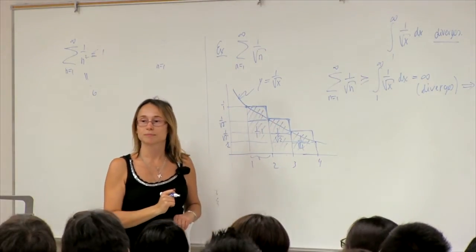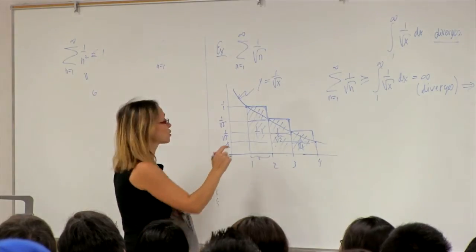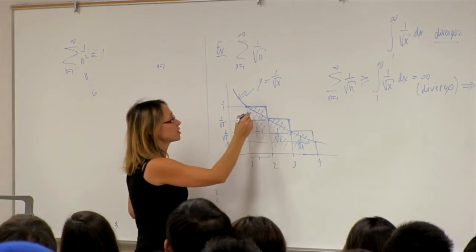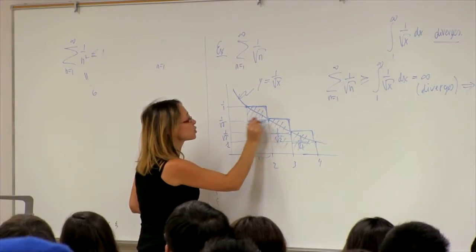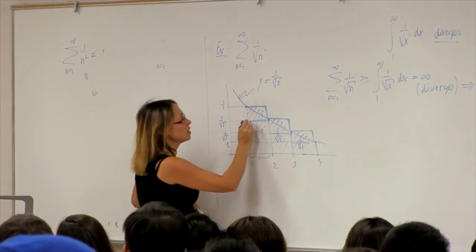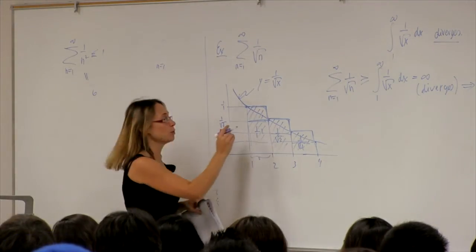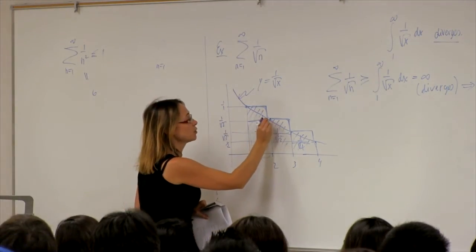So how can you switch between left and right? It all depends on how you arrange those rectangles. This picture shows you two ways of doing it. You can do it like this or like this.